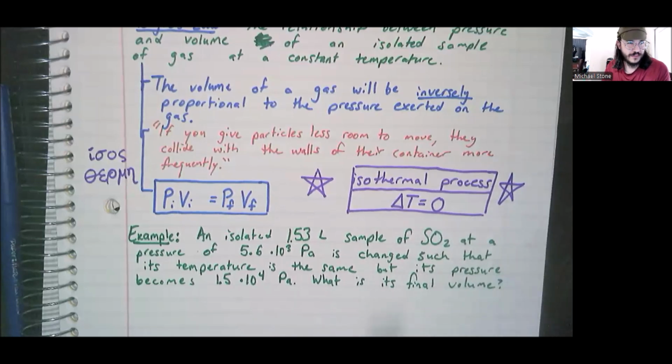I guess the same thing happens to a less exciting degree here on Earth. But sulfur dioxide gas at a pressure of 5.6 times 10 to the 3 Pascal, or 5.6 kilopascal, if you'd rather write it that way, is changed such that its temperature is the same, but its pressure becomes 1.5 times 10 to the 4 Pascal, or 15 kilopascal. What is its final volume?